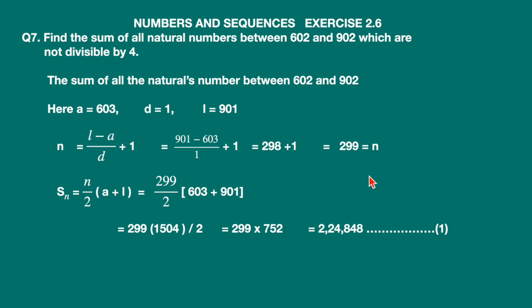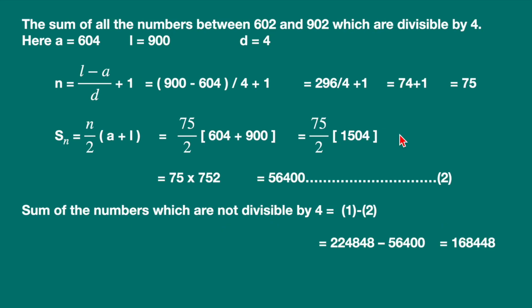Next, we are going to find the sum of all natural numbers between these which are divisible by 4. For that, 602 we should not consider. 603 is not divisible by 4. 604 is divisible by 4. So the first term will be 604. And then we will have many terms.